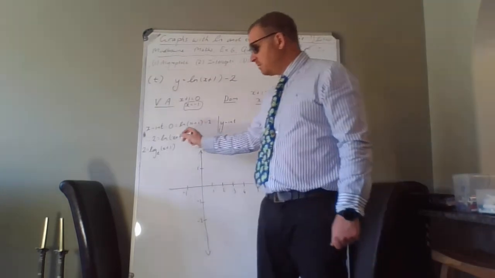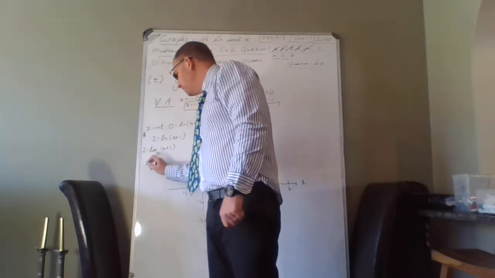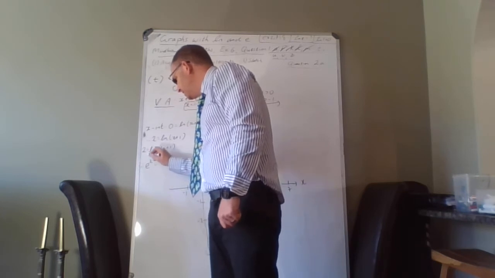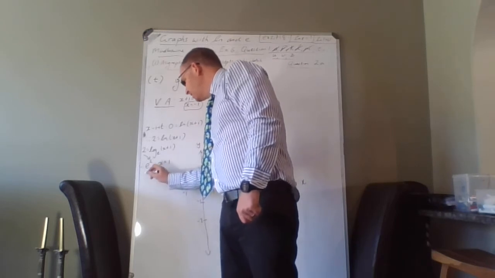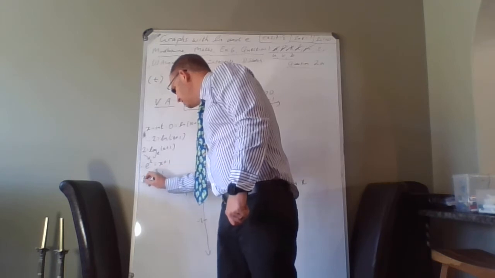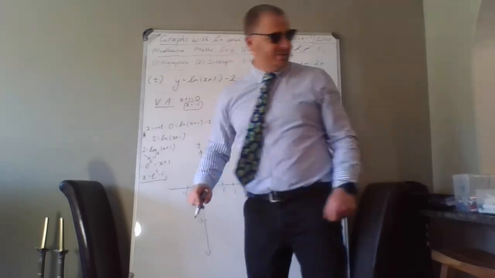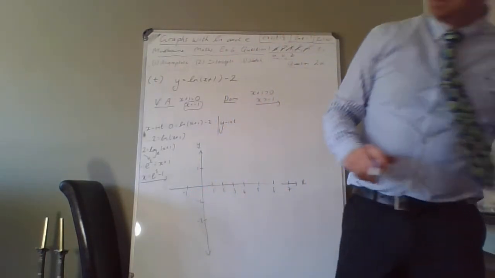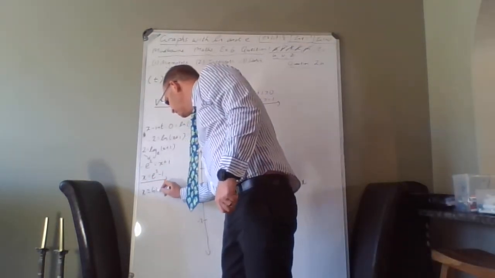Now, if I use my definition, remember to solve log equations, we can often solve them by changing into the exponential form. So e will stay my base, that 2 will become my exponent. And I'm going to get e squared is equal to x plus 1. So x is going to be equal to e squared minus 1. If you go work out e squared minus 1 on your calculator, you get approximately 6,4. So x is approximately 6,4.